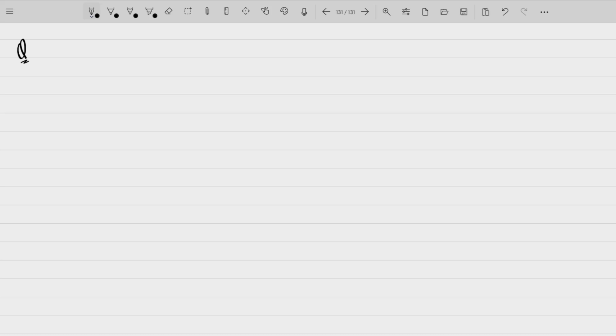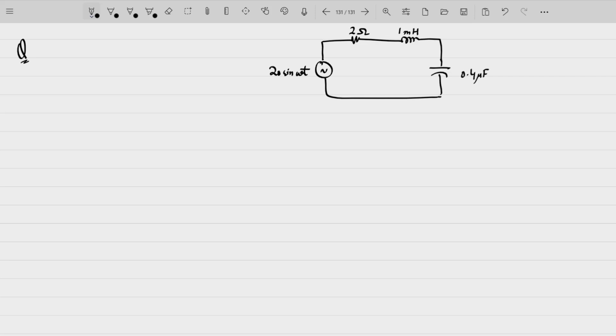So we have a circuit here, a series RLC circuit, with a voltage source of 20 sine omega t, a resistance of 2 ohms, an inductance of 1 millihenry, and a capacitance of 0.4 microfarad.